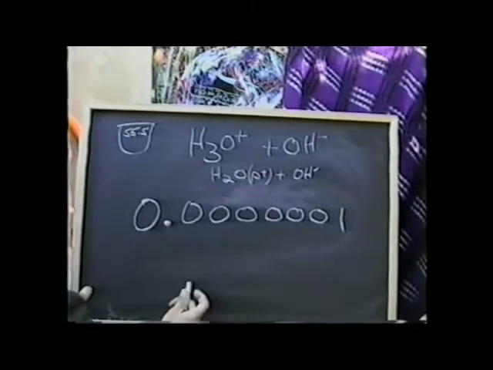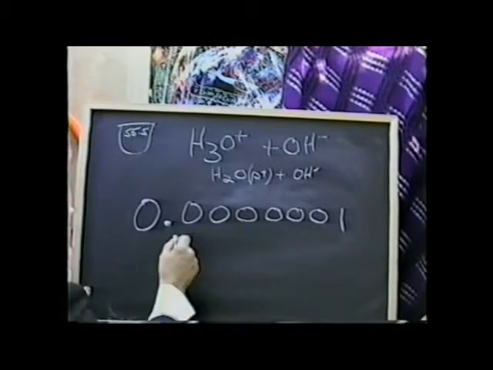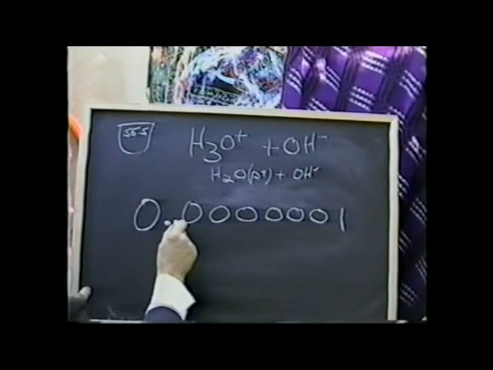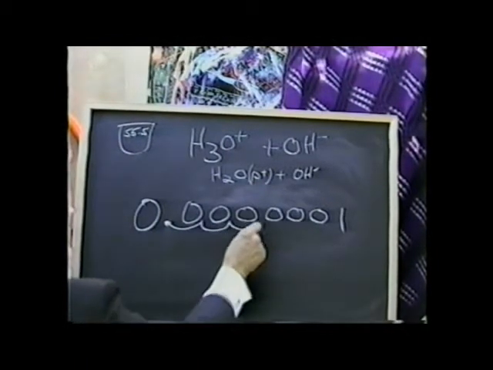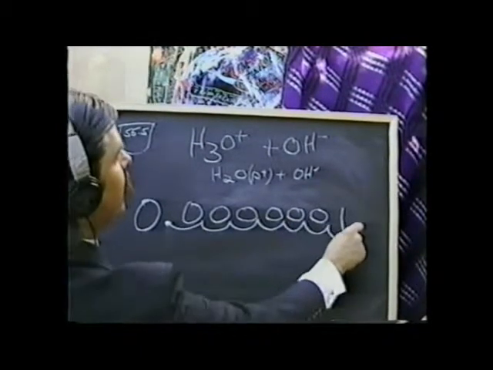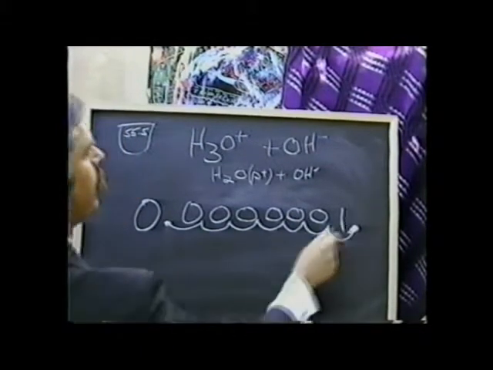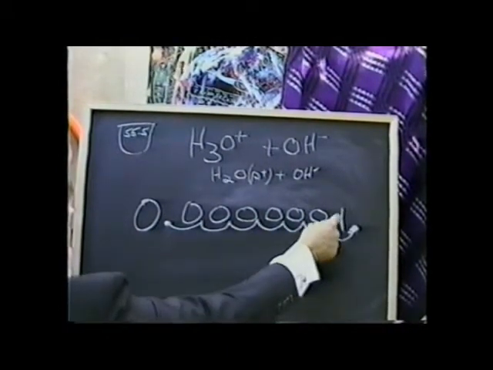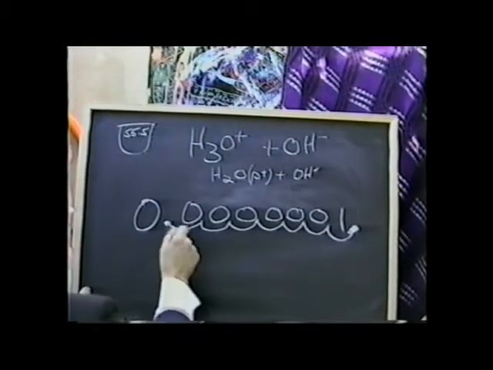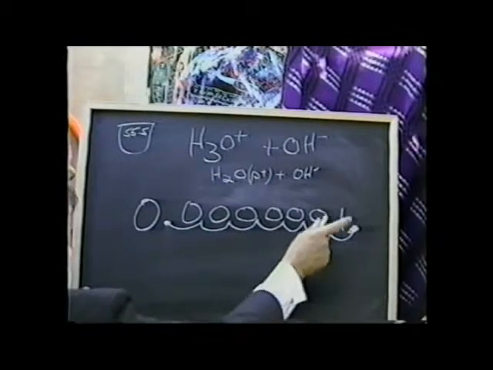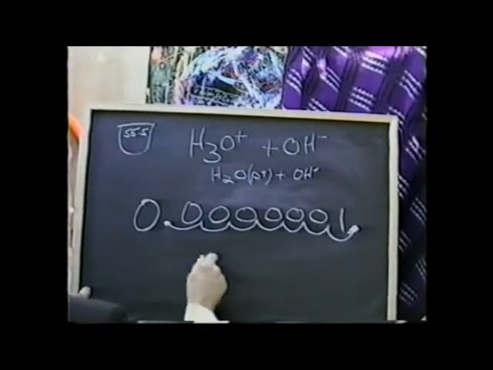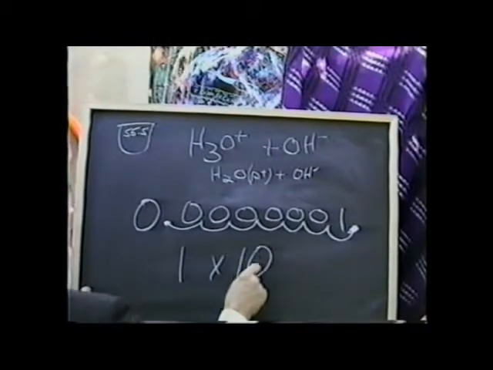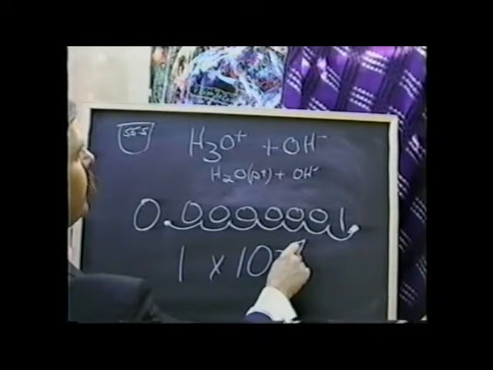You're going to see when we write this as an exponent, it's not a negative number because it's got a negative exponent. It's still a positive number. We're to the right side of 0. So if we move 1, 2, 3, 4, 5, 6, 7 places, we can rewrite this now. Instead of 0.1 with zeros and a 1, this can now be written, since we moved the decimal place, minus 7 places. 1 times 10 to the minus 7.